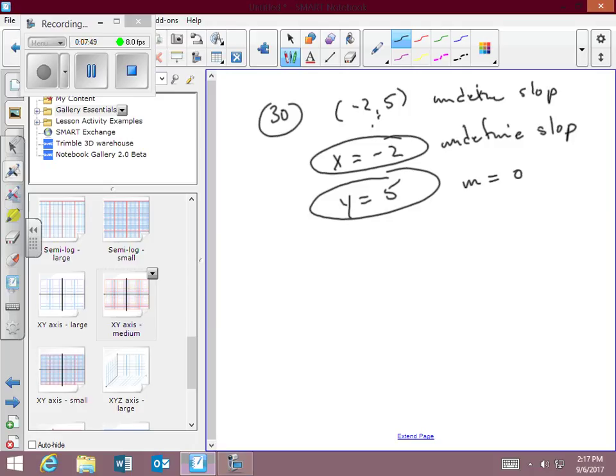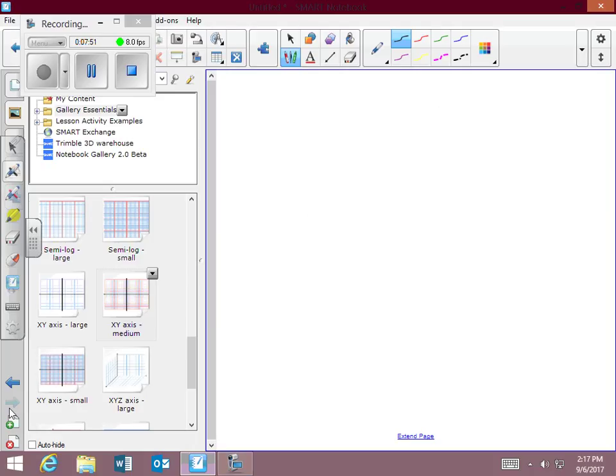So 34, test for you. The point is (-3, -2), the slope is... So what's the equation? She says y equals -2.